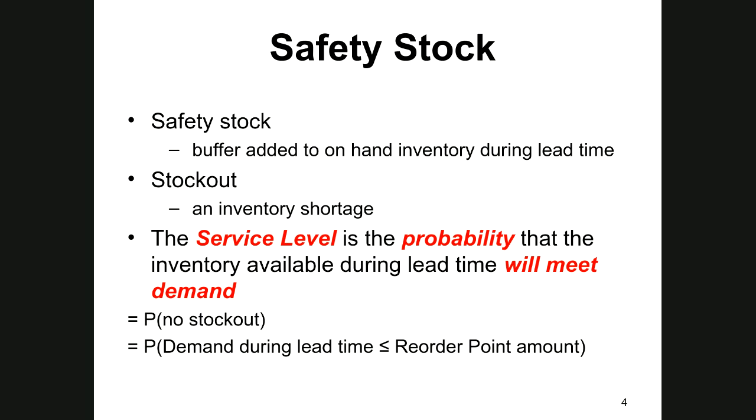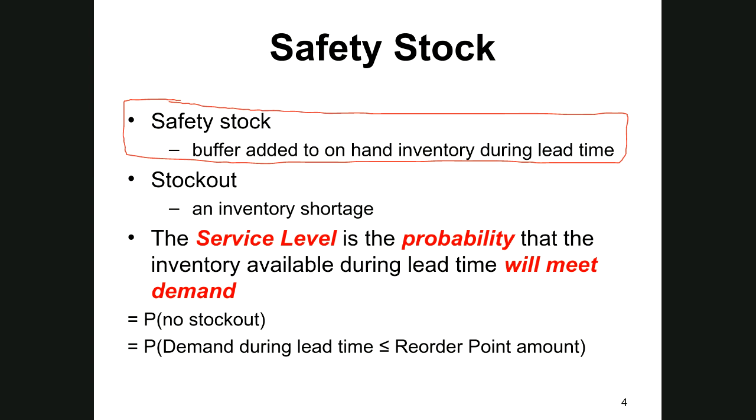So the way that we do that is we add what's called a safety stock. The safety stock is a buffer that we add to our on-hand inventory, so that we have sufficient quantities on hand during this lead time. And we do that because demand is variable.